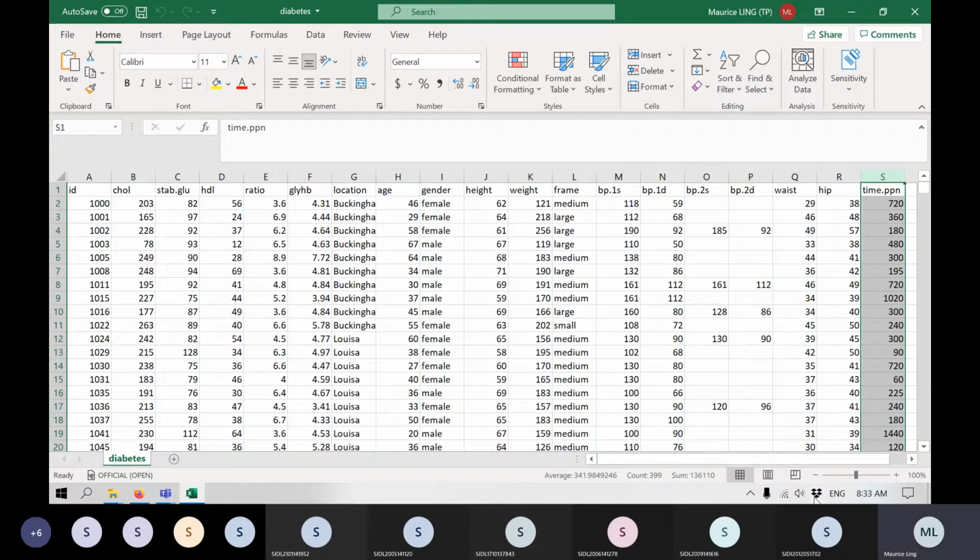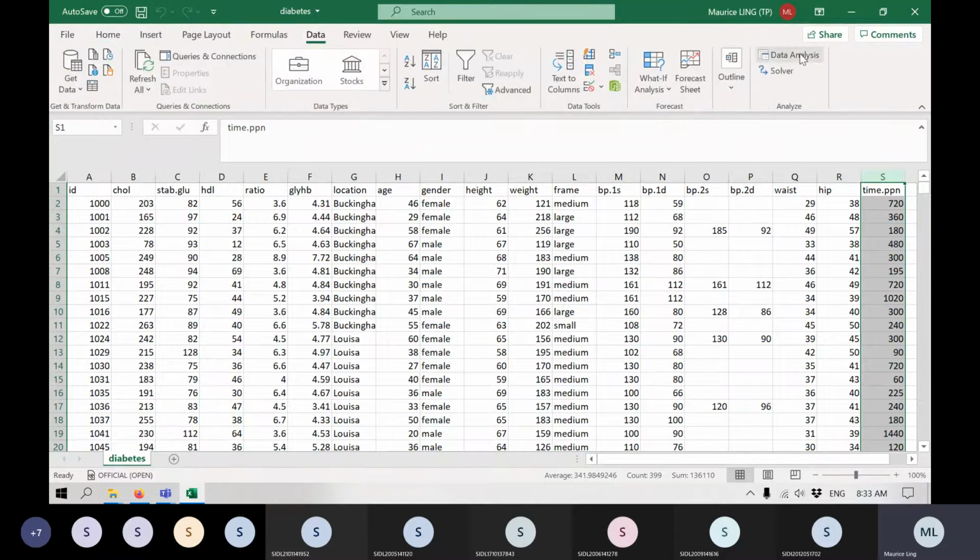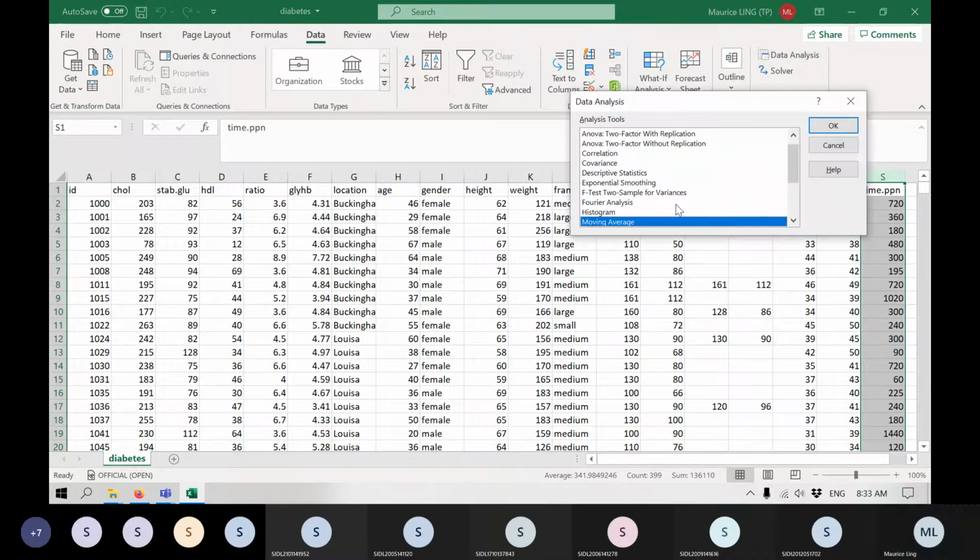So we are using this data set to play around and go through some of the statistics. In order to do statistics in Excel and make it easier, under your Data ribbon you should see something known as Data Analysis, the data analysis toolkit.